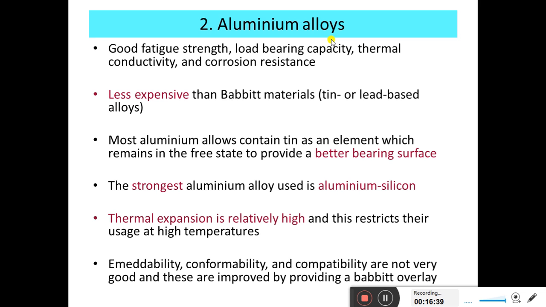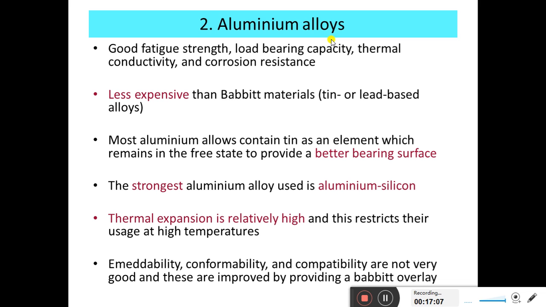That aluminium alloys are also used for our bearing materials. Aluminium is the major constituent. If it is pure aluminium, it means 99.99% aluminium. Of course, it has advantages, but along with that there is a drawback. What is the drawback of aluminium? It's lightweight.